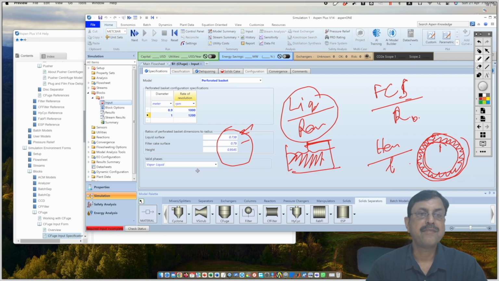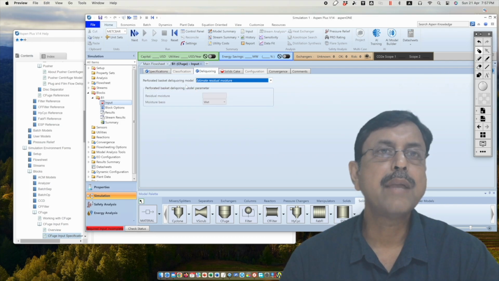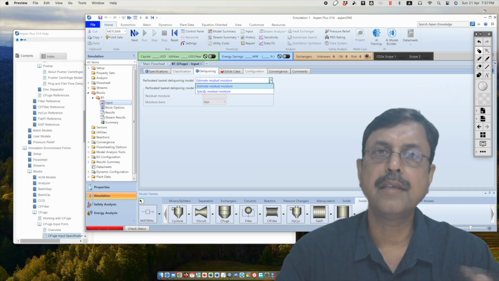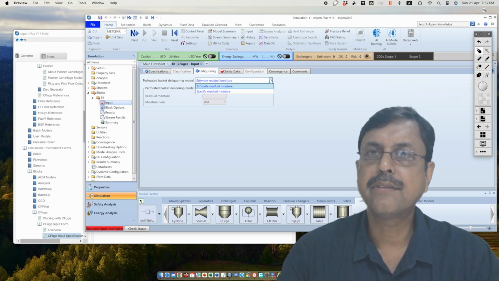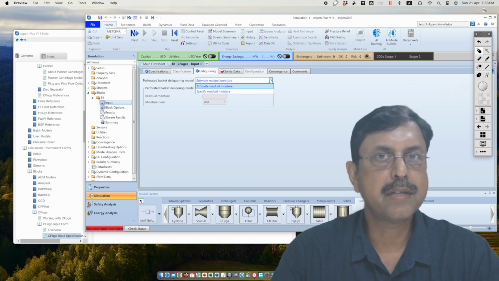If you have to work with the particular operation that is needed in your work area, then you have to give the correct information. Okay. The next thing is the deliquoring model. There will be two types of deliquoring model. One is estimate residual moisture. That means you are asking Aspen Plus to estimate the residual moisture after the perforated basket operation is done.